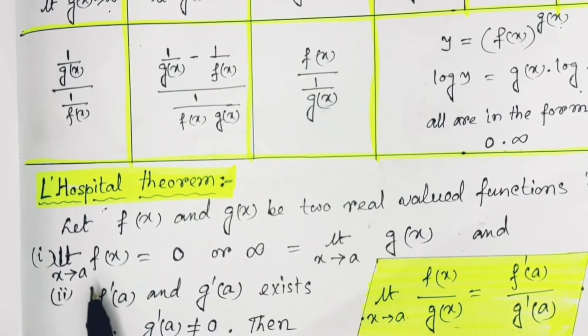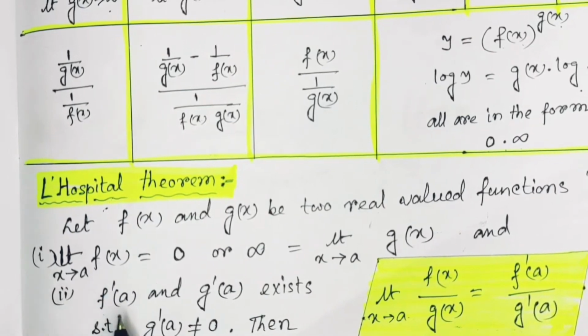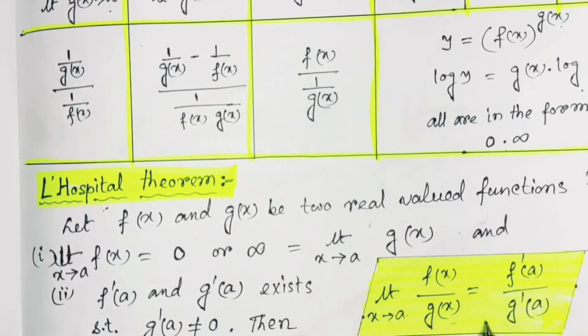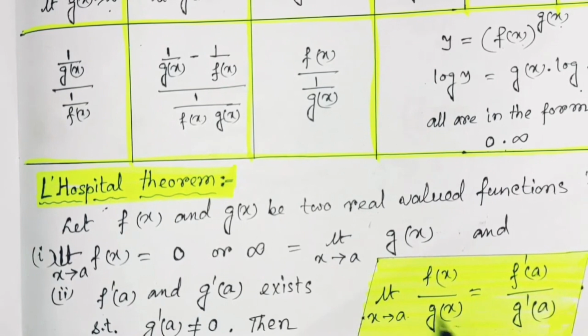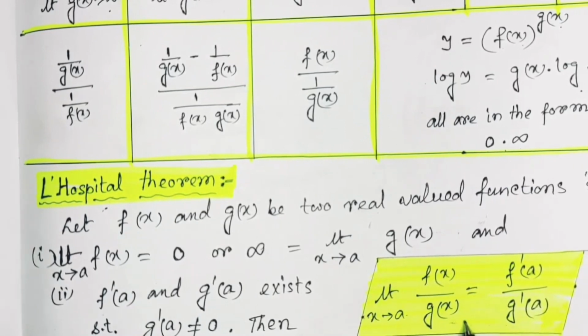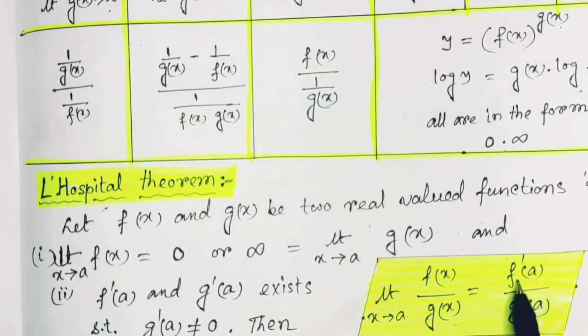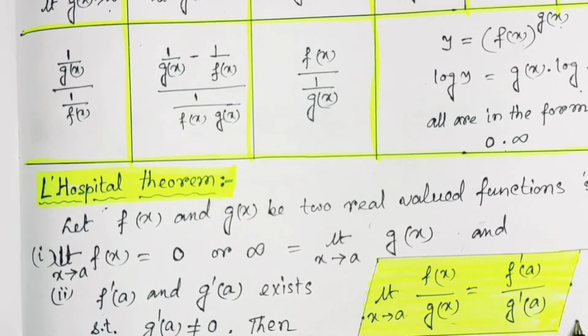And the derivatives of these functions at this point, that is f dash a and similarly g dash a, both should exist, where definitely g dash a is not equal to 0. If it is so, then the limit as x tends to a of f(x) by g(x) should be equal to f dash a divided by g dash a. That means it is very simple.